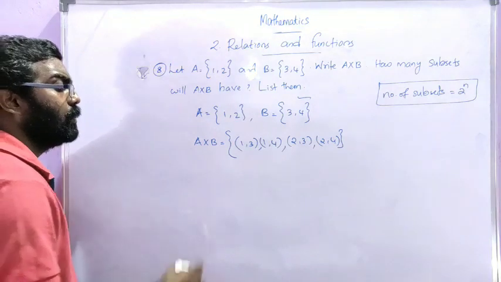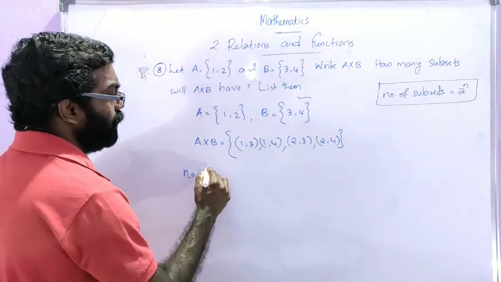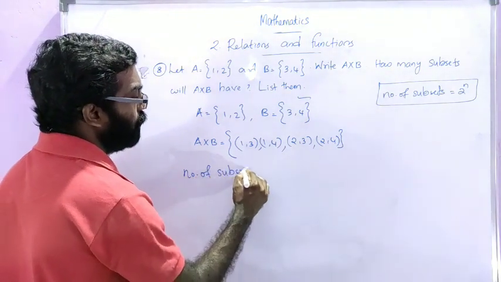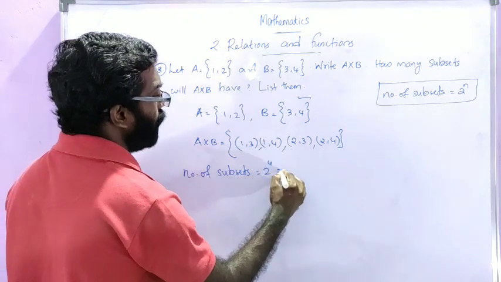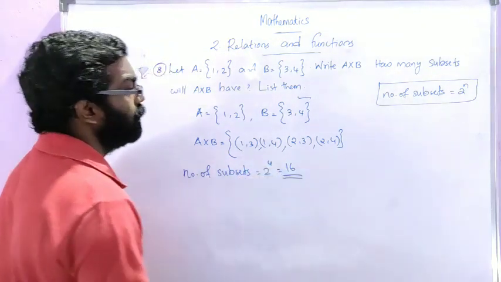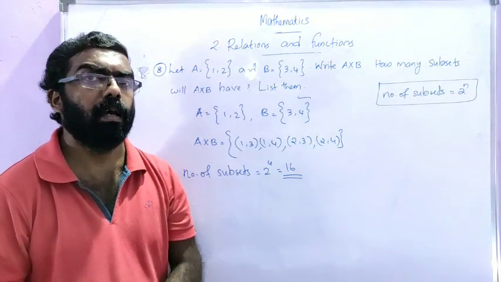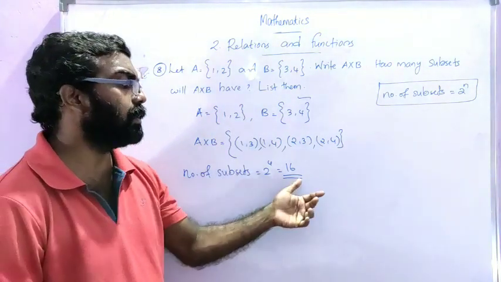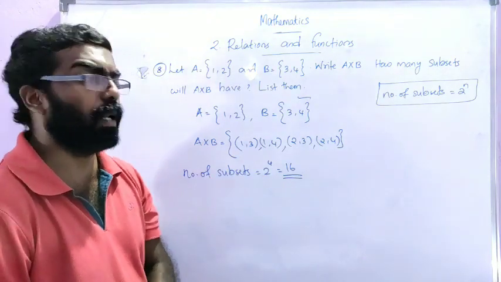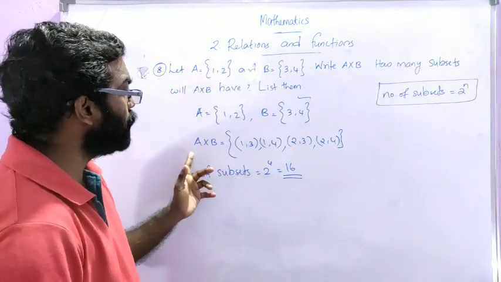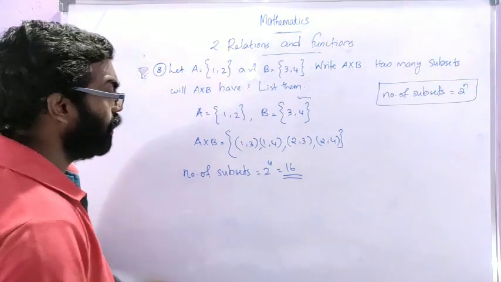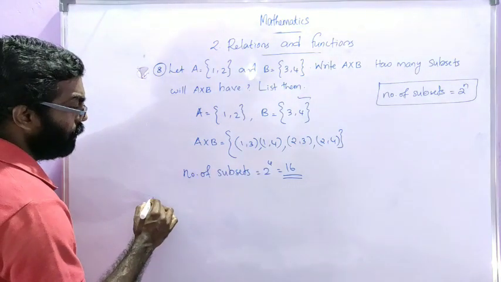So the number of subsets is 2 raised to 4, which is 16. And the last part is to list them. List them means we have to list out all the 16 subsets of A cross B. We can write it one by one.